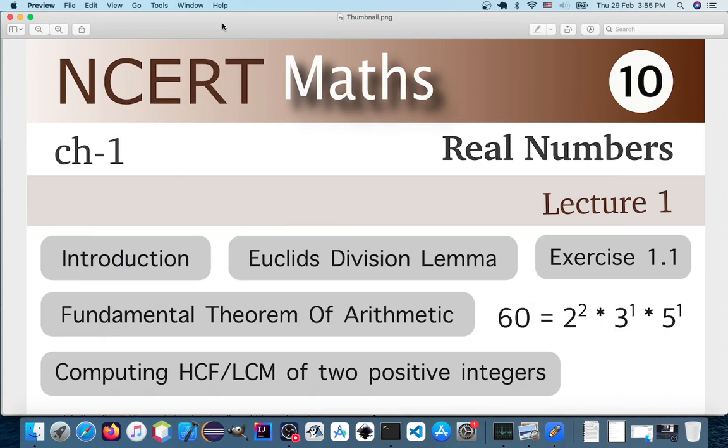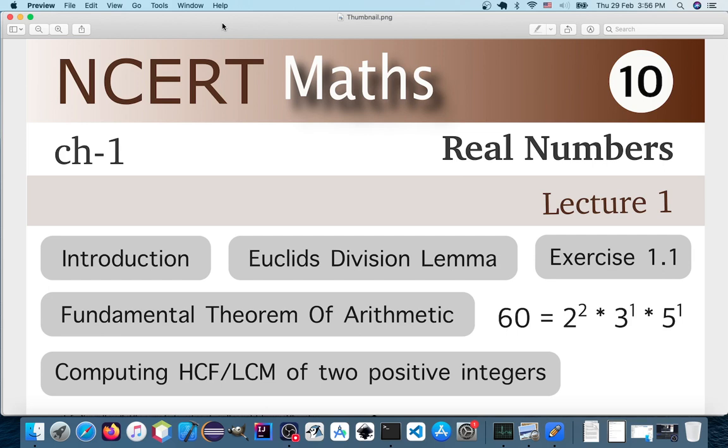This video is part of the playlist NCERT Mathematics of class 10. In this playlist, I will continuously upload videos on the discussion of the chapters sequentially. I will try to follow the NCERT textbook thoroughly as much as I can, and will take notes of the important concepts.